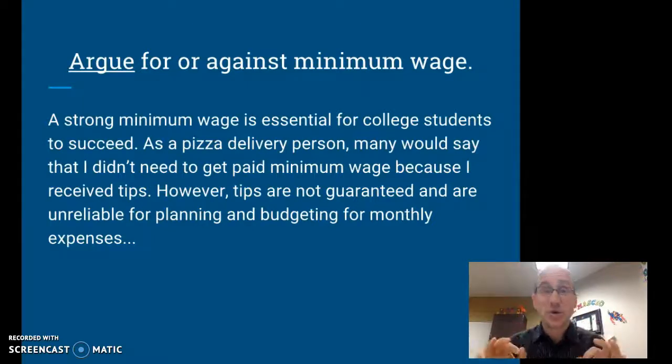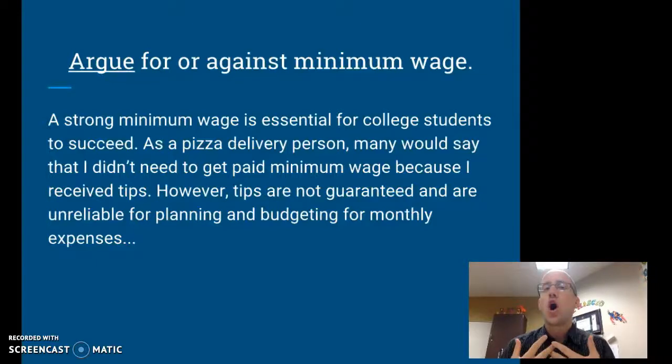It's essential, meaning it's very important. Let's keep reading. As a pizza delivery person, many would say that I didn't need to get paid minimum wage because I received tips. However, tips are not guaranteed and are unreliable for planning and budgeting for monthly expenses. And then I would go on to argue why minimum wage should be real, why we should have minimum wage.